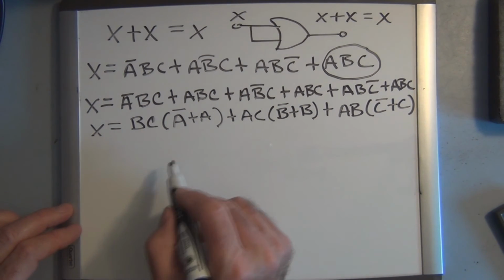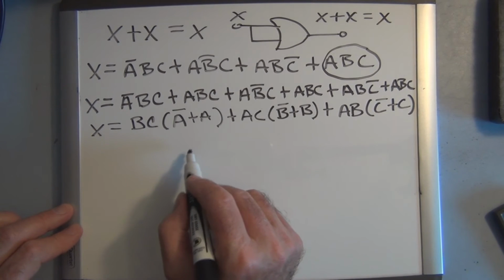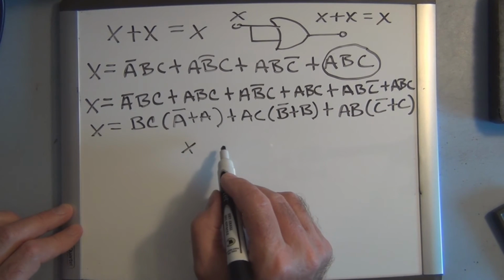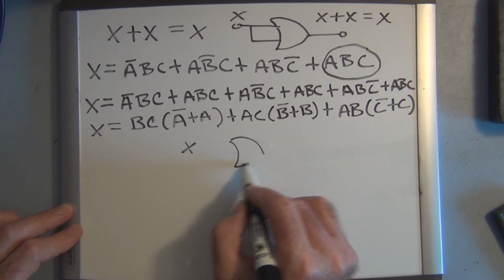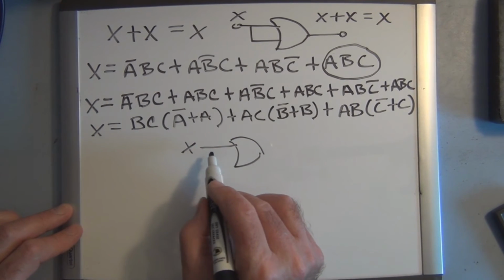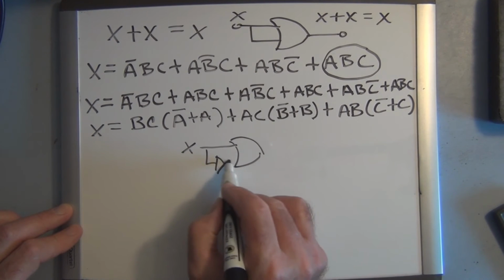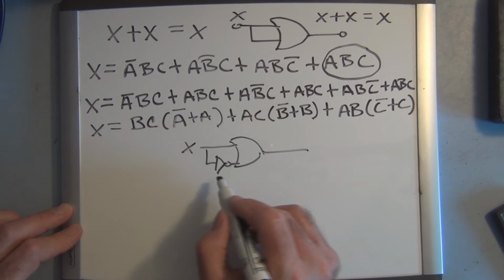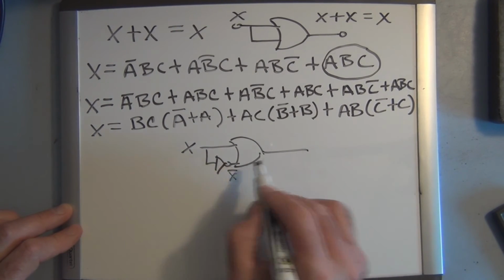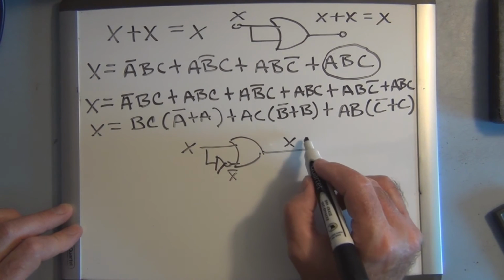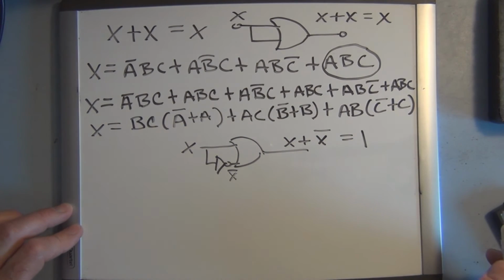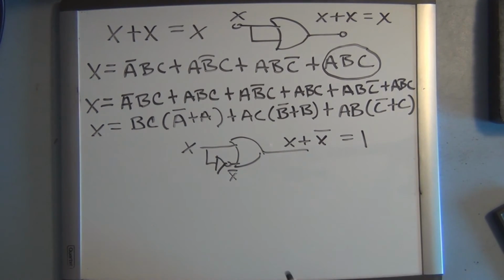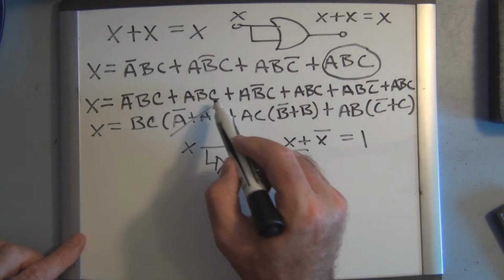And using the theorem that states that X ORed together with X naught is equal to 1, each of these terms here goes to 1.